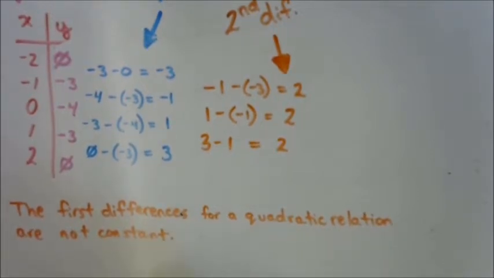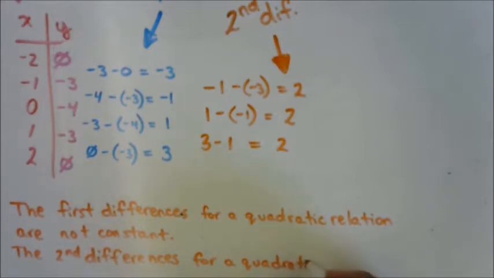What is true about the second differences for a quadratic relation? They are constant. The second differences for a quadratic relation are constant.